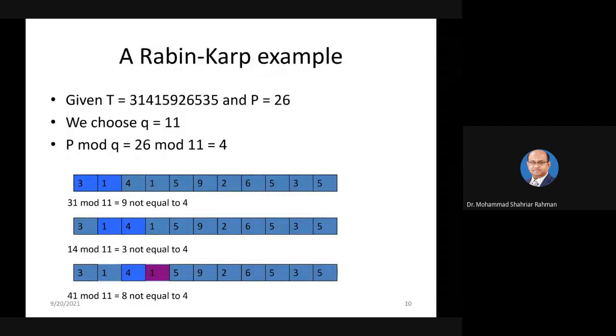You just go to the example. We're given a text T. Assuming that the given text, which was an alphabet, we converted it to numeric values.